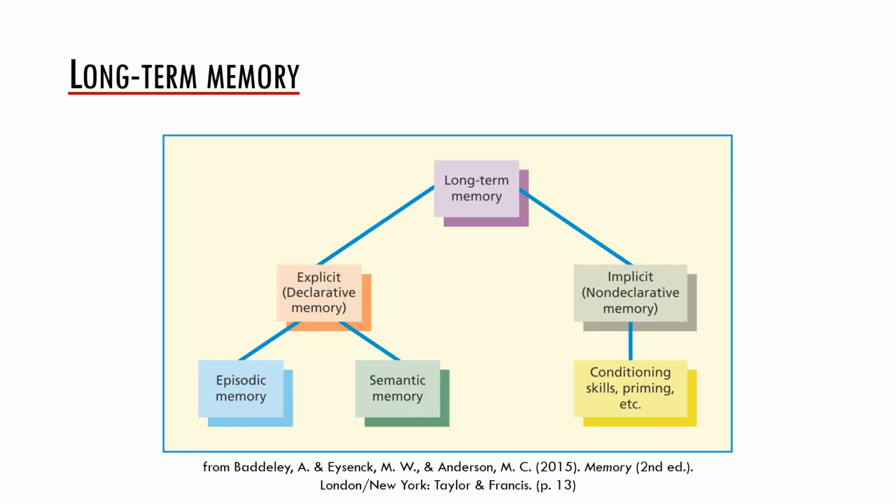Let's now turn our attention to the long-term memory. Here we can see a schema from the book Memory by Alan Baddeley, Michael Eysenck, and Michael Anderson. Crucially, long-term memory is understood as a system of various subsystems. On one hand, there is an explicit or declarative memory. This subsystem is accessible intentionally.